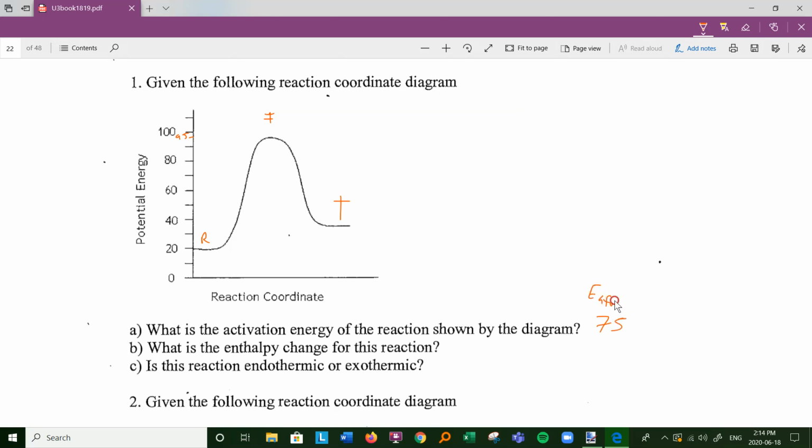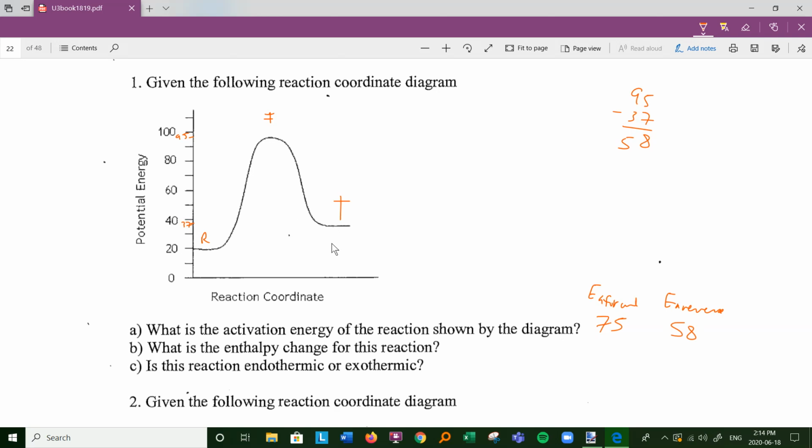If I wanted to do reverse, okay, that's at around 37, let's say. So 95 minus 37, 15 minus 7 is 8, 58. What is the enthalpy change?